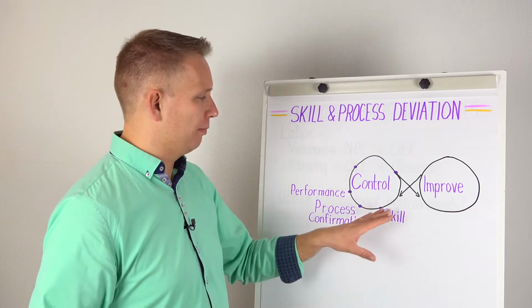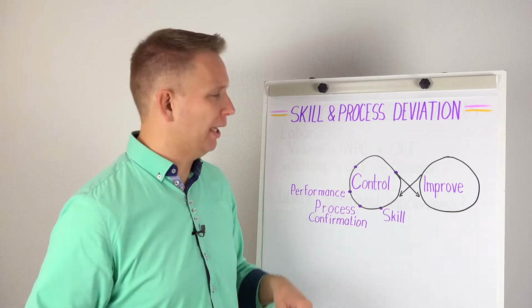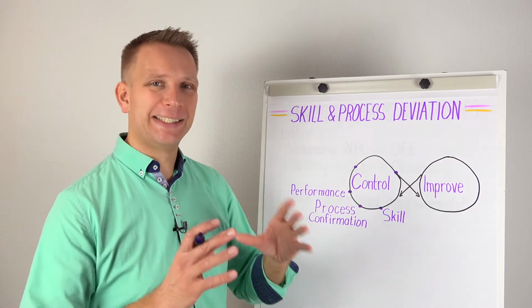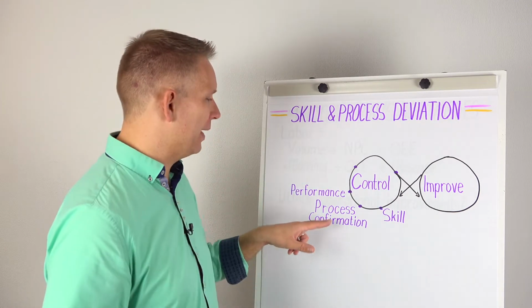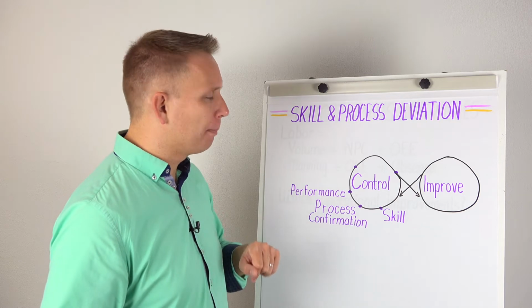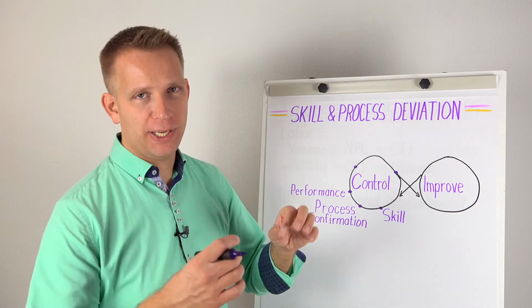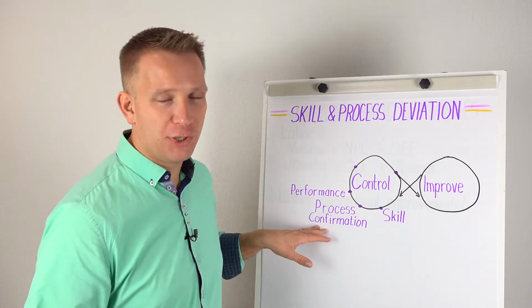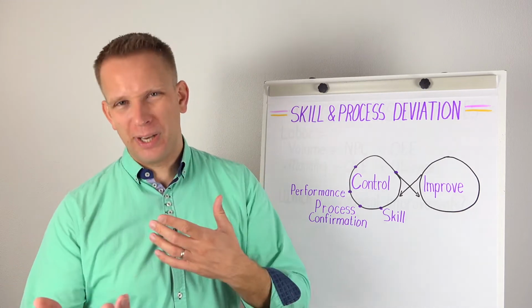Now, even if you know that your skills are in order, and basically even if you know that they're not in order, you do continue on what is happening. An important part of the control cycle of controlling your processes is process confirmation, which means it's also like process control.